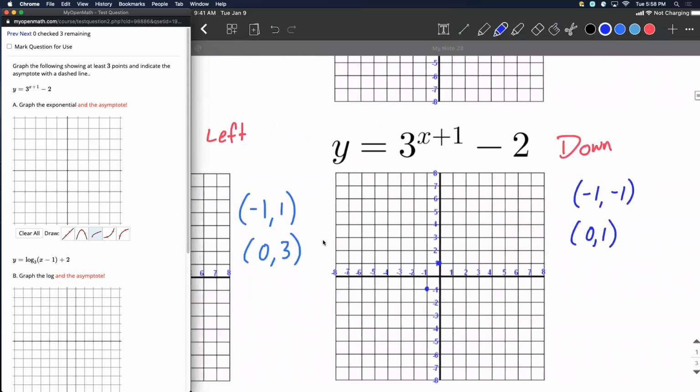So I'm going to indicate that by a dashed line. It was at the x-axis. When it moves down 2 units, it's going to be at negative 2. So the horizontal asymptote is at y equals negative 2 at this point. The rest of our graph is going to kind of fall in place and have this look going to it.